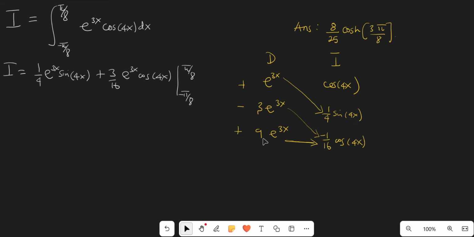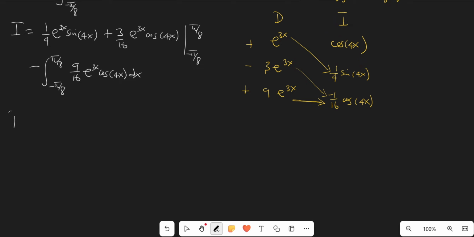And now, because we are now going to multiply terms horizontally, we have to take the integral. So that is going to be positive, and negative here is going to be negative. So minus the integral from negative pi over 8 to positive pi over 8 of 9 over 16, and then e to the 3x cosine of 4x dx.